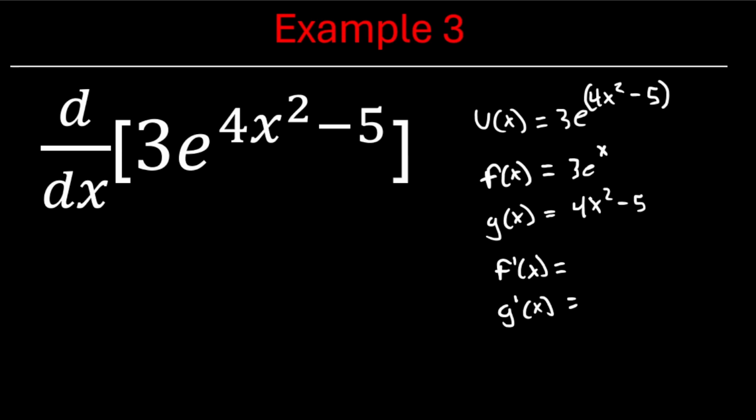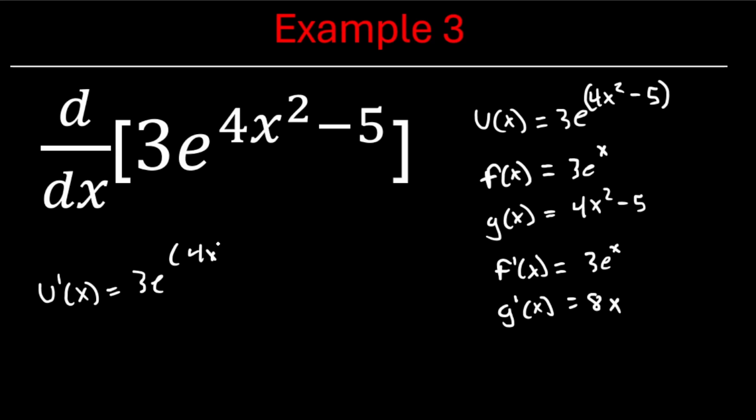So, derivative of 3e to the x is just 3e to the x. And then the derivative of 4x squared, bring the power in front, multiply it by 4, get 8x. And then the derivative of any constant is simply 0. So now we're going to plug this into our equation, get 3e to the x, where we plug in g for x.